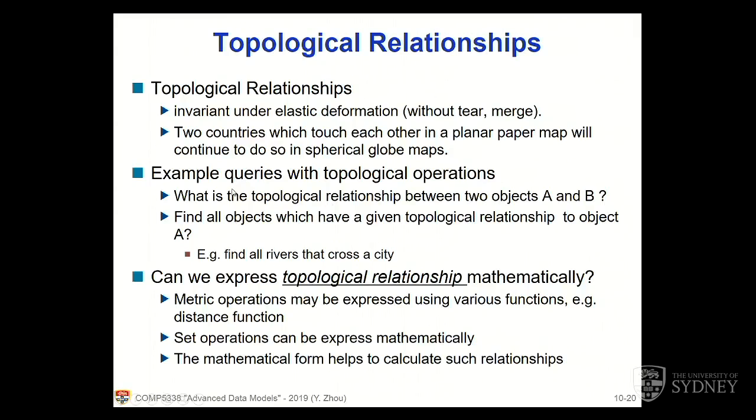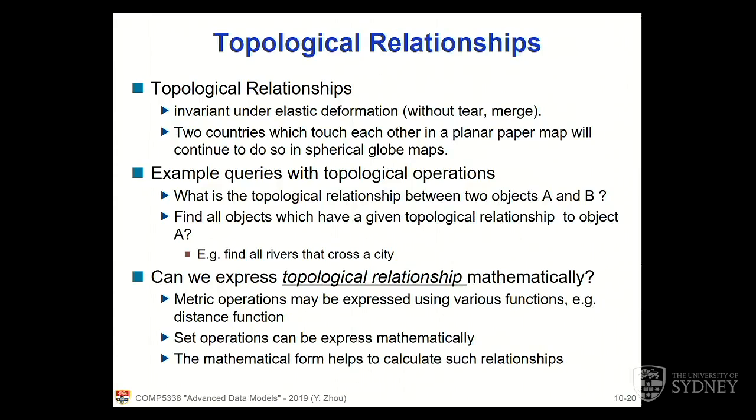So the example queries could be like, what is the topological operation? Or if we have a topological operation, we want to find all the objects that show these features, like find all the objects that touch each other, or find all the objects that are within one object. An issue is we can express it in text easily.